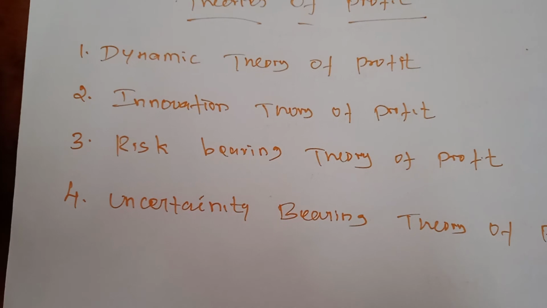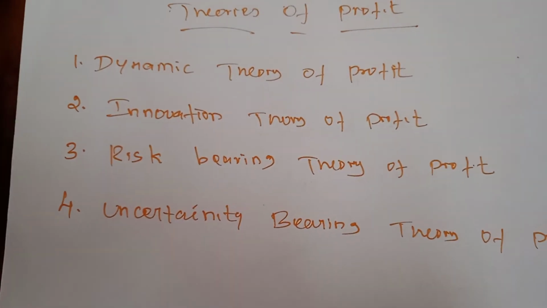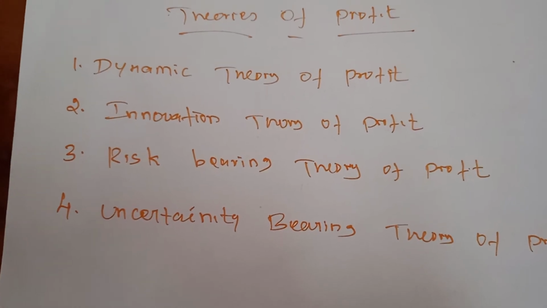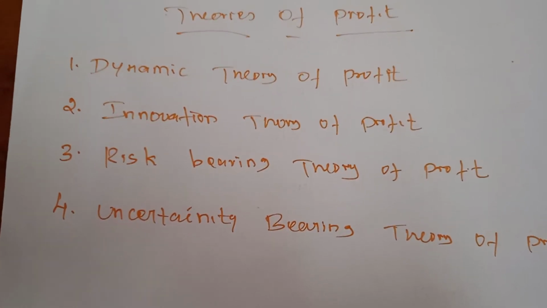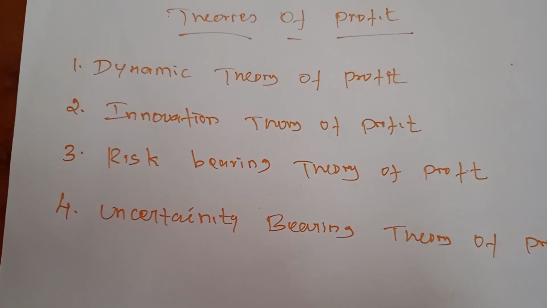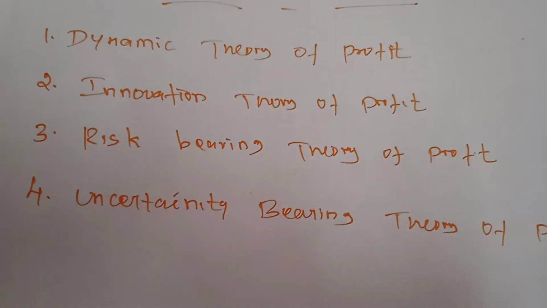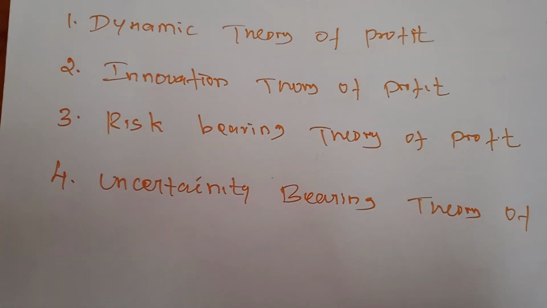Next, the innovation theory of profit. The innovation theory of profit was propounded by Joseph A. Schumpeter. According to Schumpeter, an entrepreneur is not only an undertaker of a business, but also an innovator in the process of production.